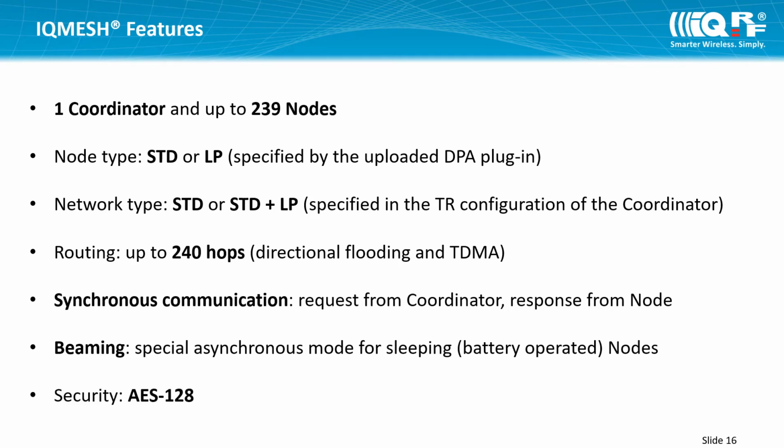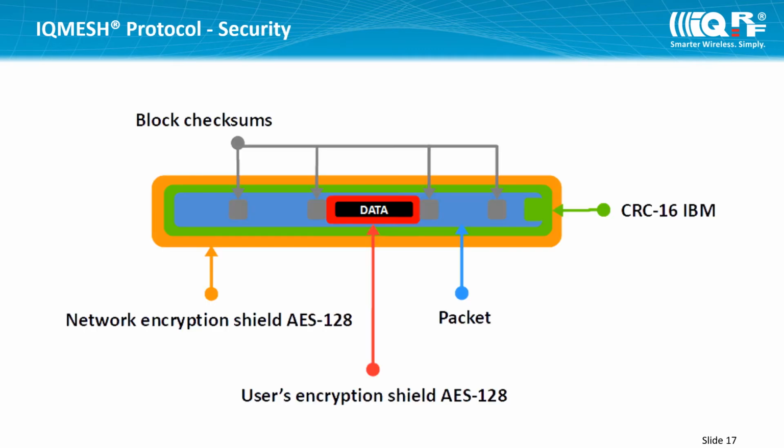All communication is automatically encrypted by AES-128. This picture shows the RF packet from a security point of view. The black color is user data that can be optionally encrypted by the user key set in the TR configuration.